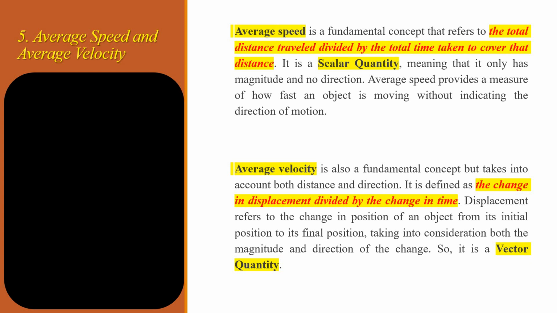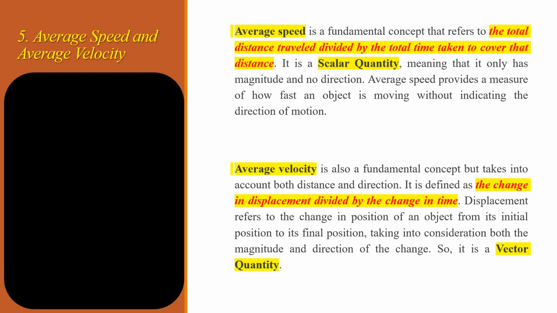Displacement refers to the change in position of an object from its initial position to its final position, taking into consideration both the magnitude and direction of the change. So it is a vector quantity.